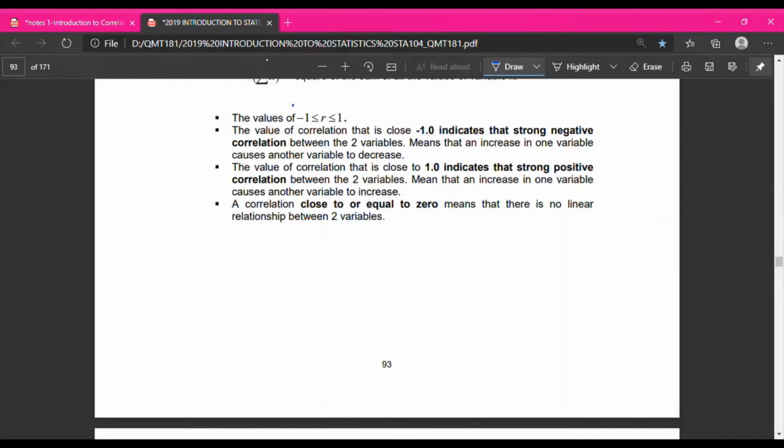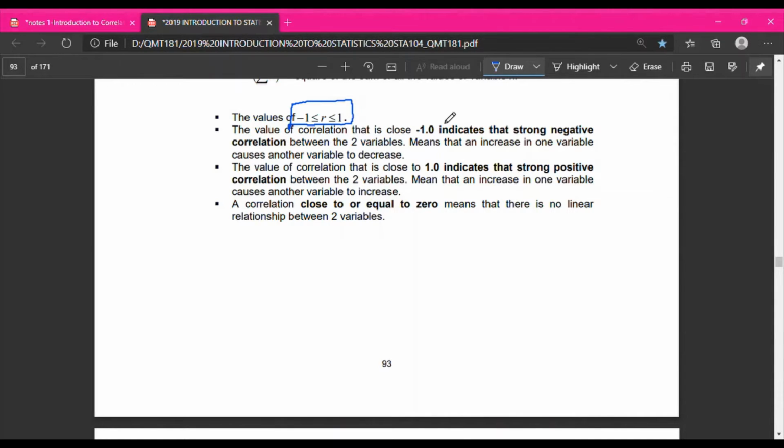It will lie between the values of negative 1 and 1. You will have negative values and you will have positive values. The value of correlation that is close to negative 1 indicates a strong negative correlation between the two variables. If the value of r you dapat negative, it means that the relationship is negative. Apa maksud relationship negative?